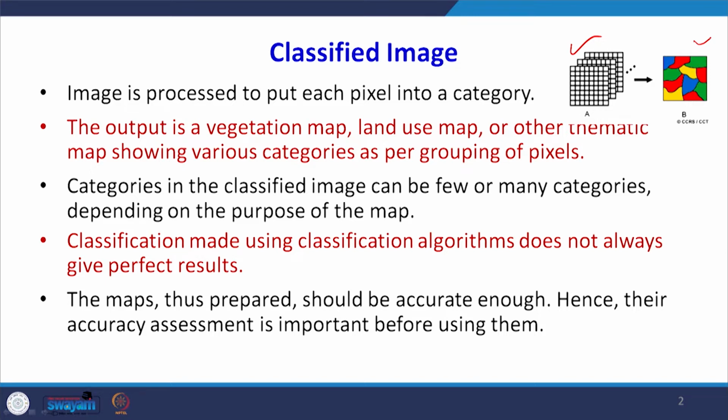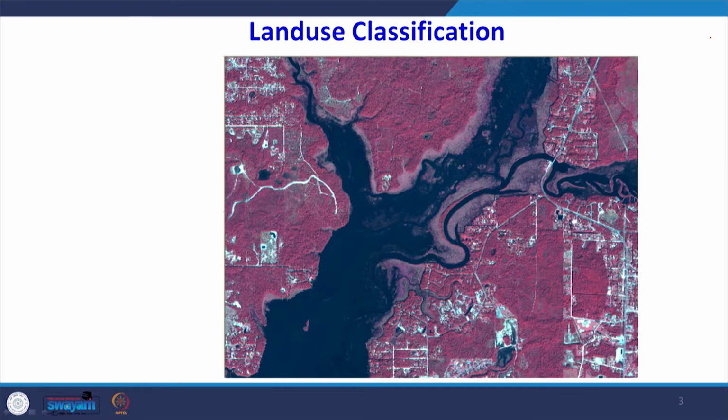So, accuracy assessment is very important, and we should never use the map straight away from any classifier in our application. Our next job is then identifying the accuracy part of it.